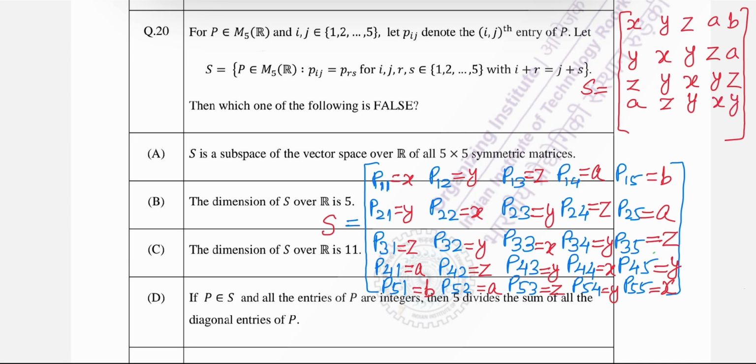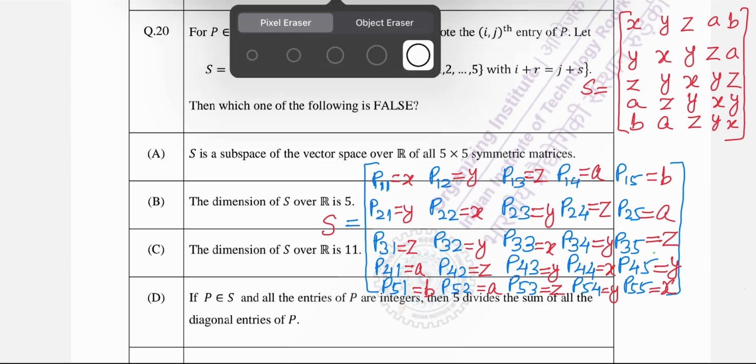And the last row is b, a, z, y, x. Okay, now I erase the rough matrix S. We have two matrices, one is clear, so I erase the other form of matrix S.